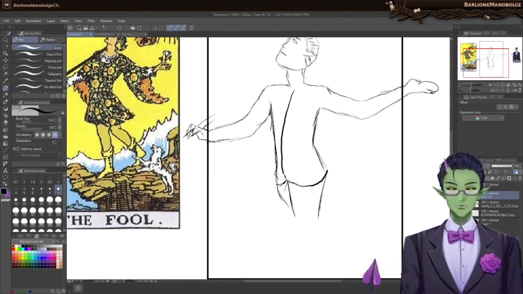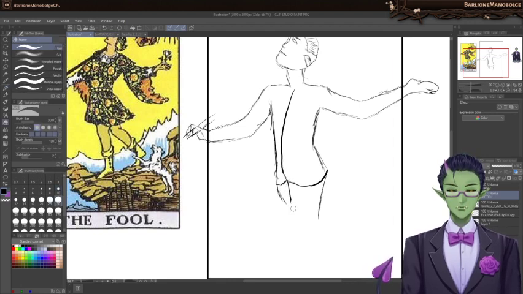But this leg is stepping forwards, so a bit of angle adjustment needs to be made.